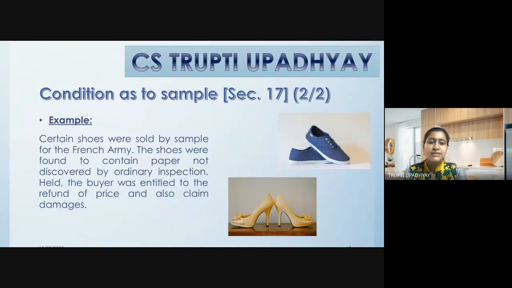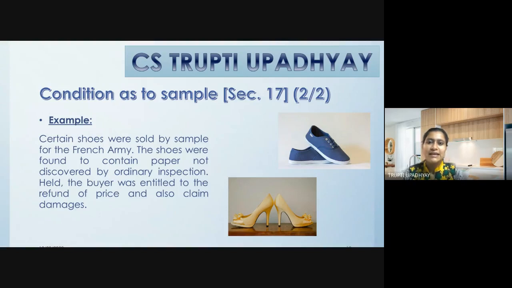In this case, certain shoes were sold by sample for the French army. The shoes were found to contain paper, not discovered by ordinary inspection. When the sample and the bulk are compared, the buyer will not tear the shoe to see what is inside it.